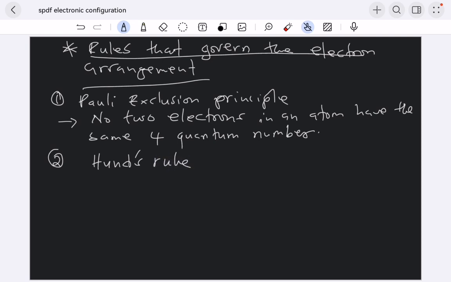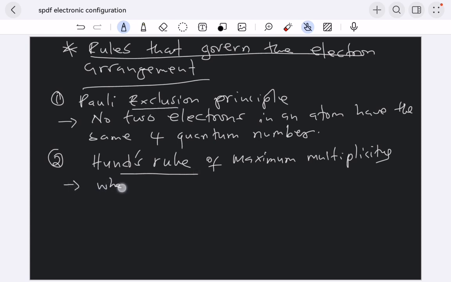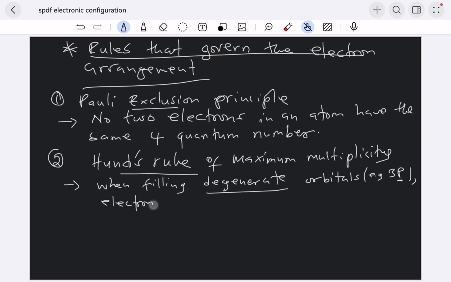Hund's rule of maximum multiplicity states that when filling degenerate orbitals, so degenerate orbitals are orbitals of the same energy level, for example the p orbitals, electrons fill singly first.